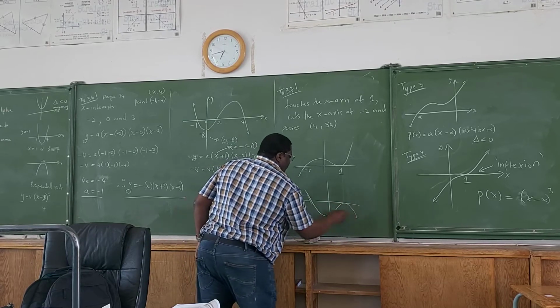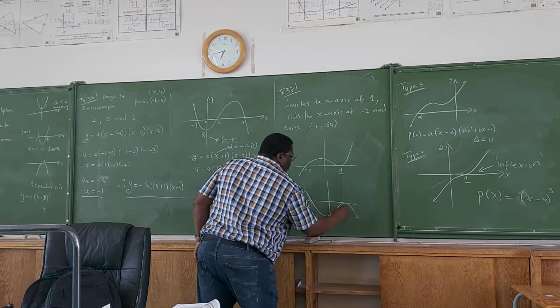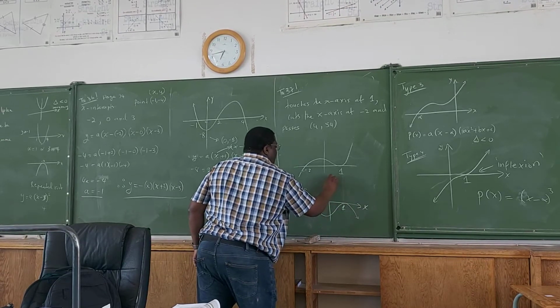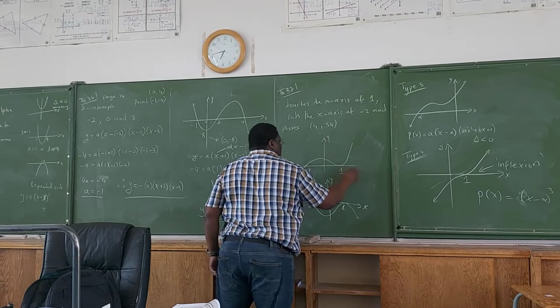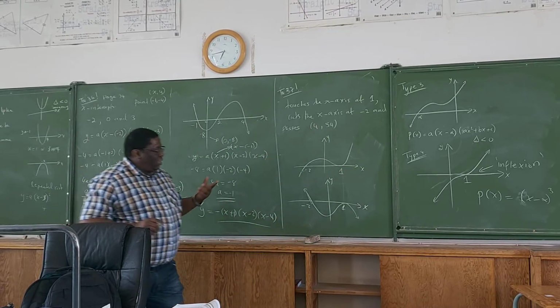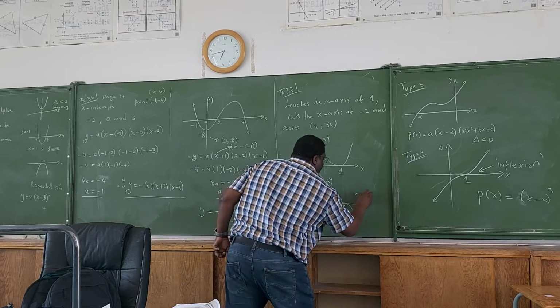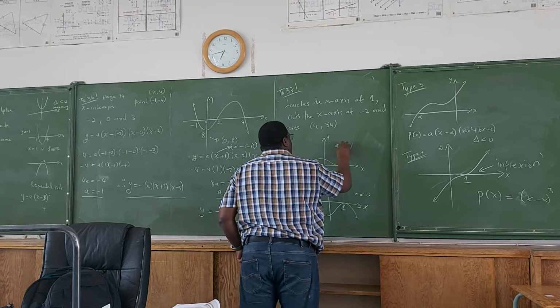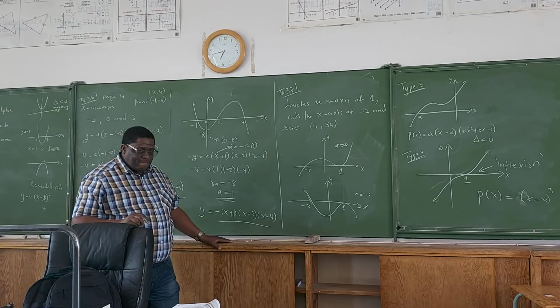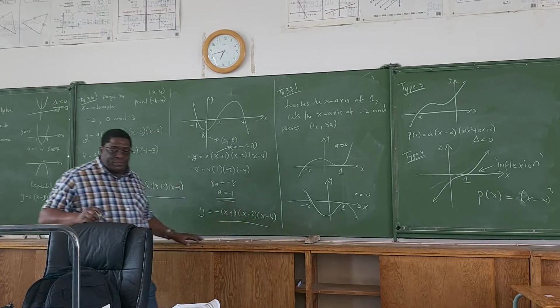It's still negative 2. This is still positive 1. X still here, Y still here. So when I say sketch, this information is not clear because you don't know the value of a. In this case, it will be if a is greater than 0. Does that make sense?